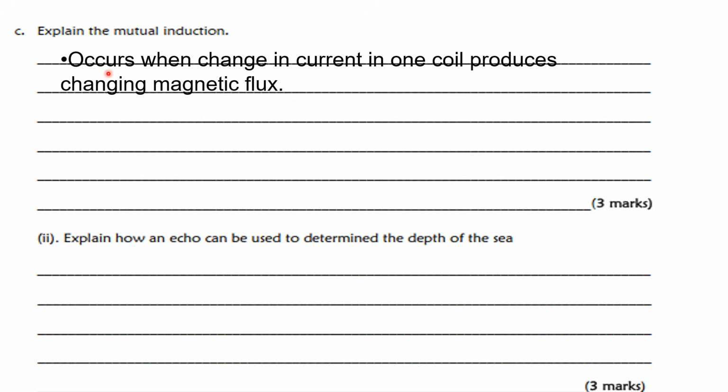So explain mutual induction. Mutual induction occurs when a change in current in one coil produces a changing magnetic flux from a changing magnetic field linking those two coils.